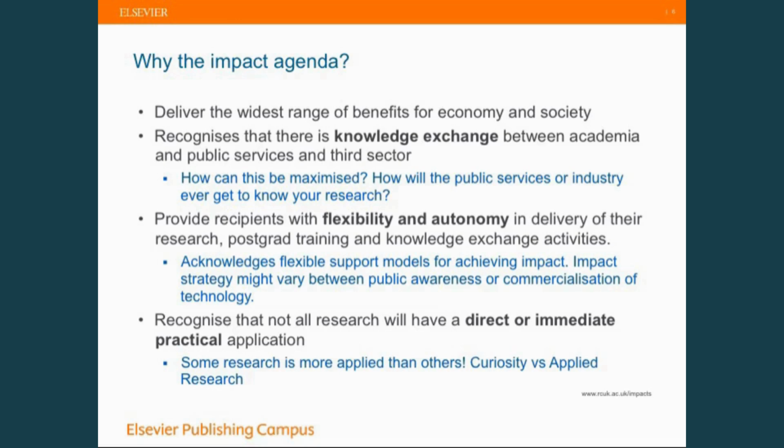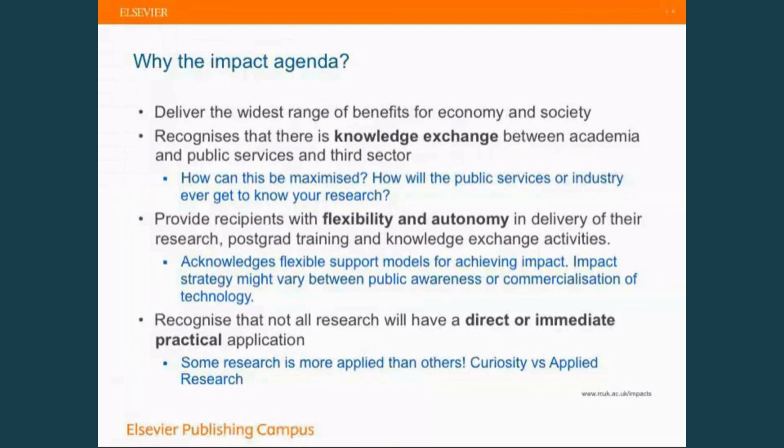So the impact agenda is to deliver the widest range of benefits for the economy and society, recognizing that there is a knowledge exchange between academia, the public services, and the third sector, or industry, if you like. And what it is getting the scientists to do is think about how this knowledge exchange can be maximized.